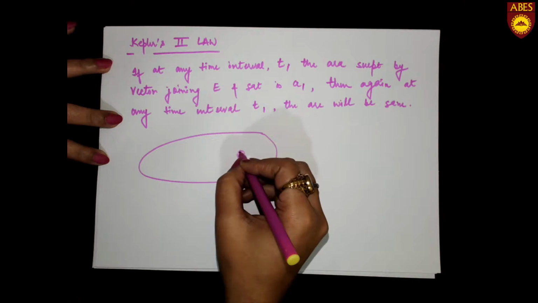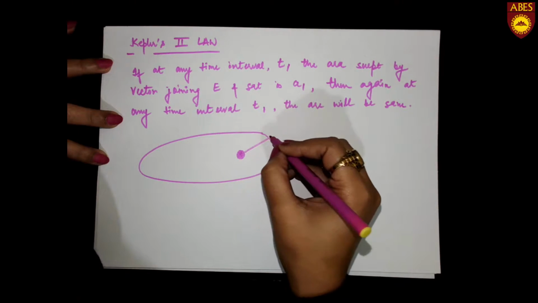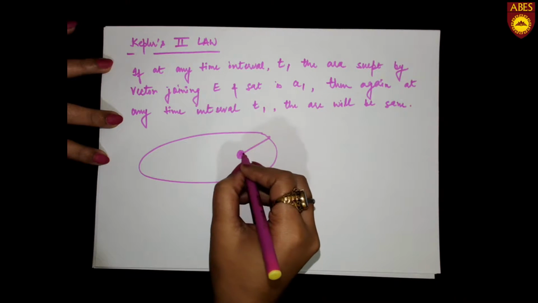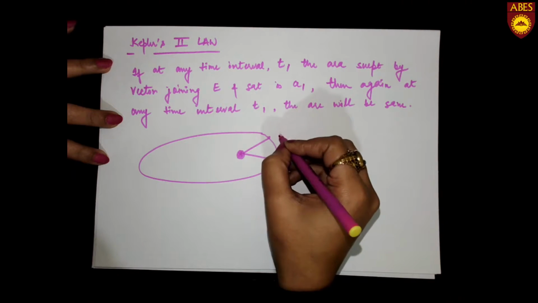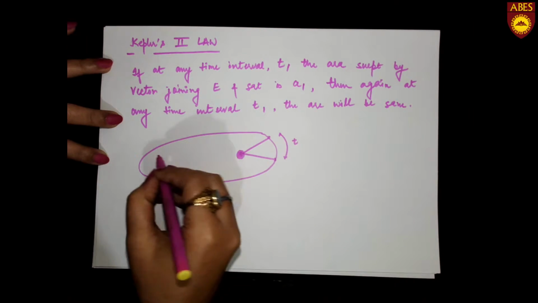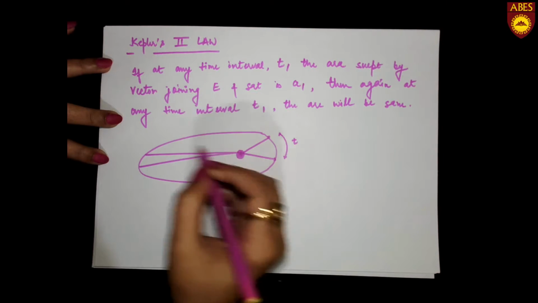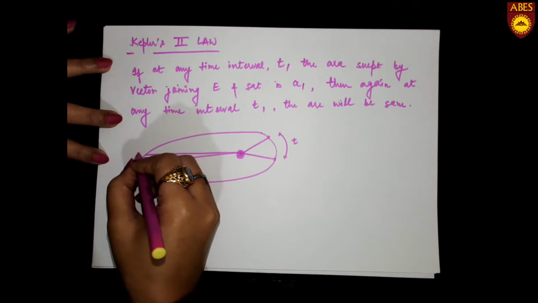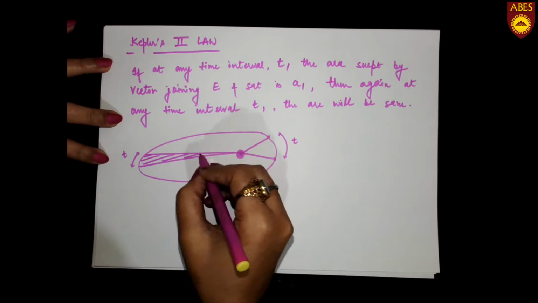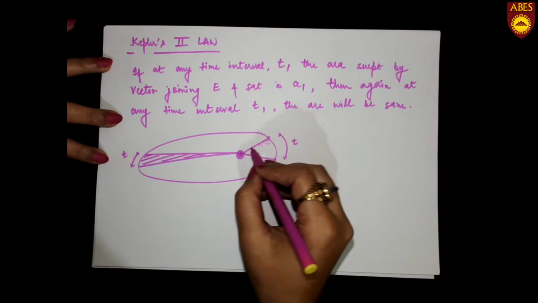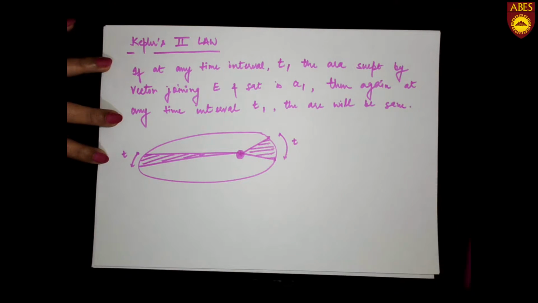and we join a vector from Earth to satellite, and so if this is the time interval t, then the area swept with these two vectors and the area swept with these two vectors will be the same.